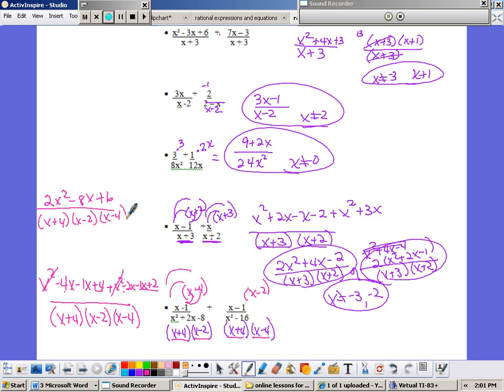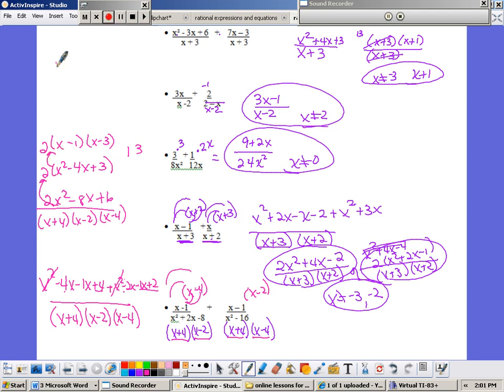I can pull out a 2. x squared minus 4x plus 3. 1 and 3 add for negative 4. So 2 times x minus 1, x minus 3. Okay, so I took out a 2, then I factored it here.